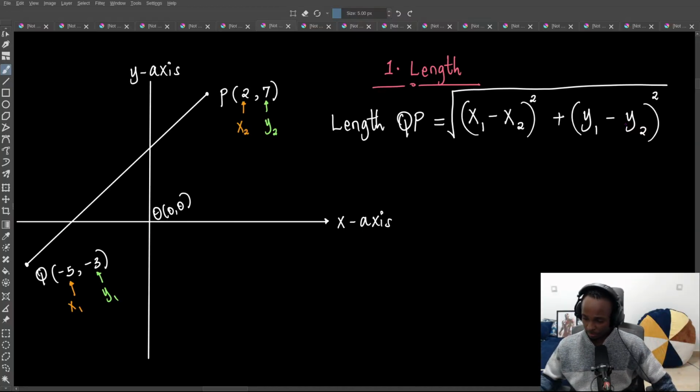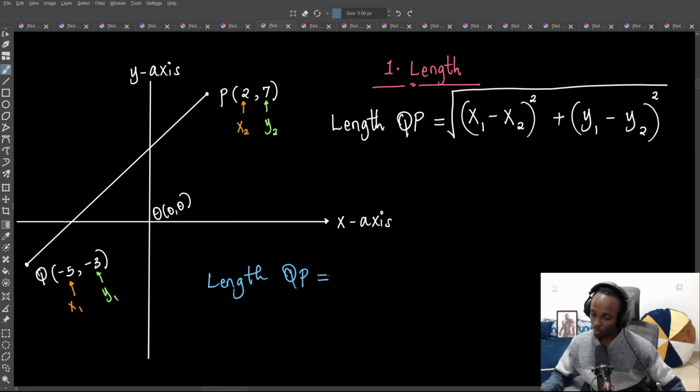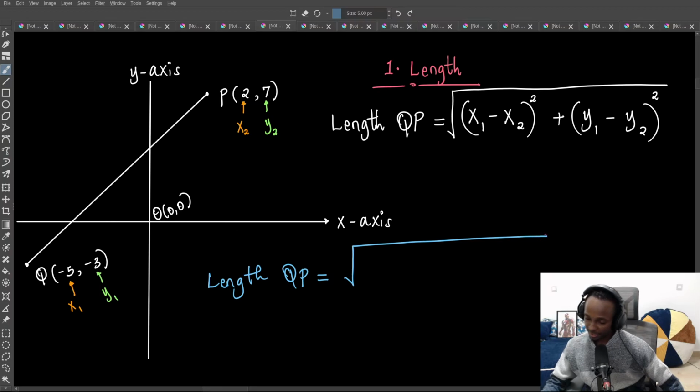So for example, if we were to calculate the length of the line QP, in our case, we are going to say that the length of QP is going to be the square root. It's a big square root here. And then we are saying x1 minus x2.